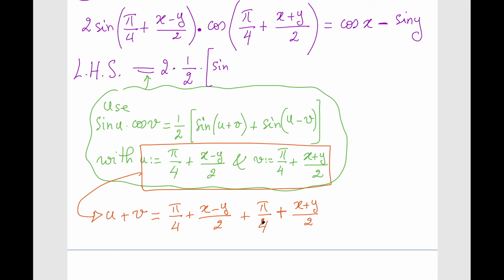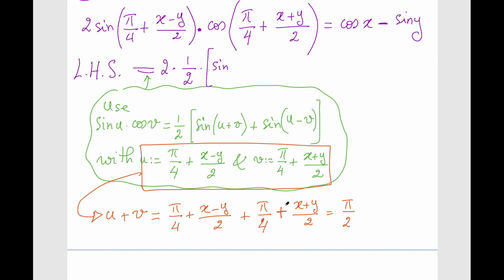Agree with that? All right, so pi over 4 plus pi over 4 is pi over 2, right? Twice pi over 4 is pi over 2. Plus, if you add these guys, they have the same denominator. (x minus y)/2 plus (x plus y)/2 is the sum of these numerators over 2.